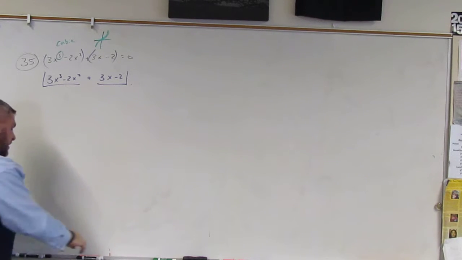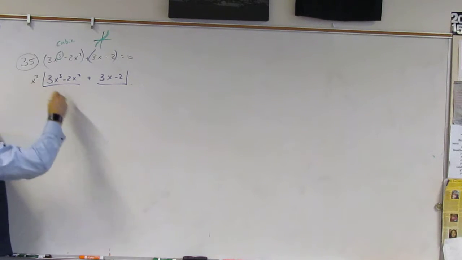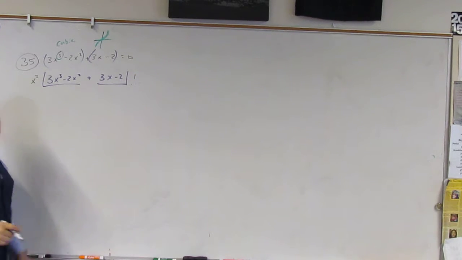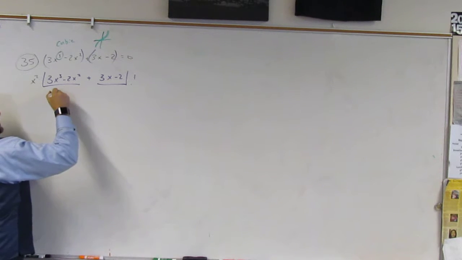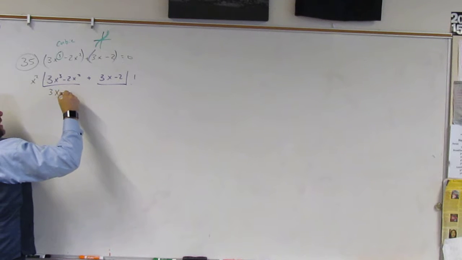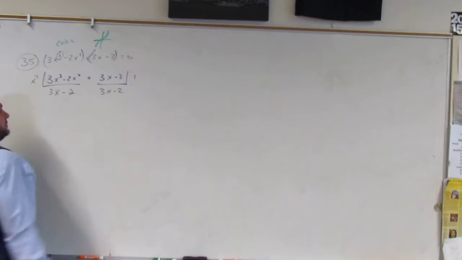And I ask myself, what can I pull out? And I can pull out an x squared. And I can pull out a 1. And when I do that, what's left is 3x minus 2 and 3x minus 2.